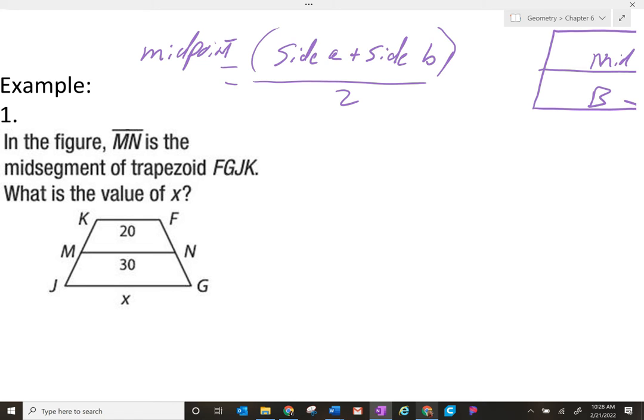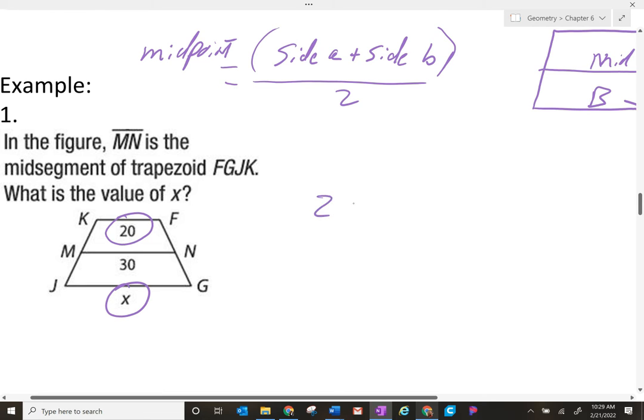All right, so using this rule that I had before, it is the mid segment of the trapezoid. It's trying to figure out what the value of x is. I know that the top one, this one, plus this one, so 20 plus the x divided by 2 is going to equal the midpoint. So it's going to equal this middle number, 30.